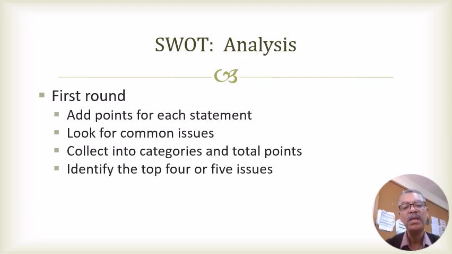At the first round, add points for each statement and look for common issues as we are dealing with all those strengths, weaknesses, opportunities, and threats, and collect them into categories and total points, identifying the top 4 or 5. So if you have 20 items on strengths, you can come up with which one is prioritized, which comes first and which comes next.